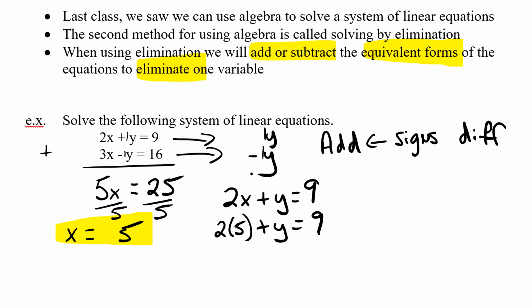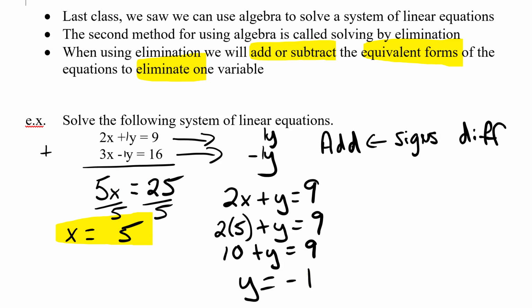I know 2 times 5 is 10, so that's 10 plus y equals 9. And now I got to get the y by itself, so I'm going to say this is positive 10. I'm going to subtract 10. 9 minus 10 is negative 1. So y is negative 1.